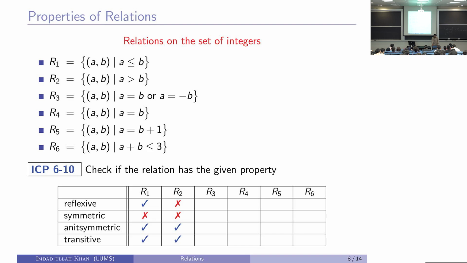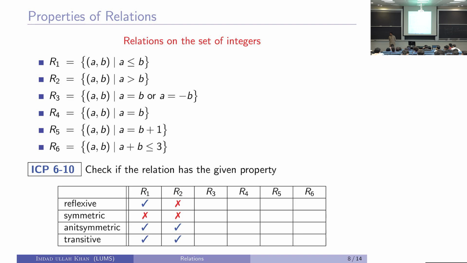Because we just said it's symmetric. No. Question. A relation can only be symmetric and antisymmetric if... No, symmetric is a symmetric thing.